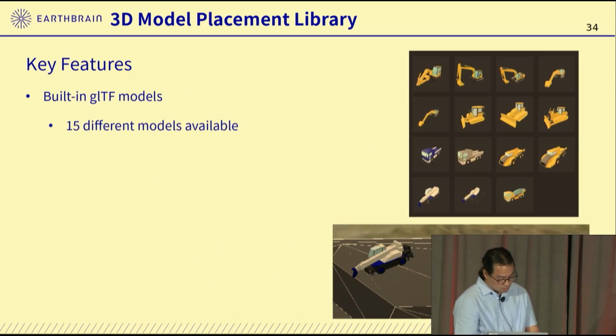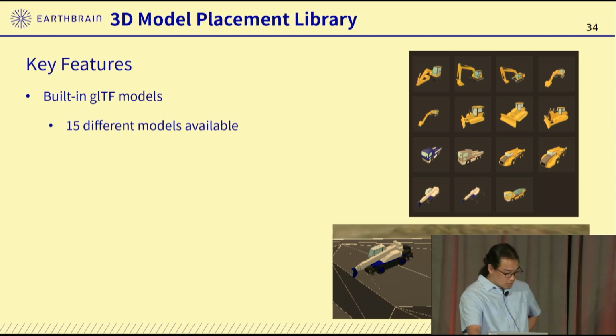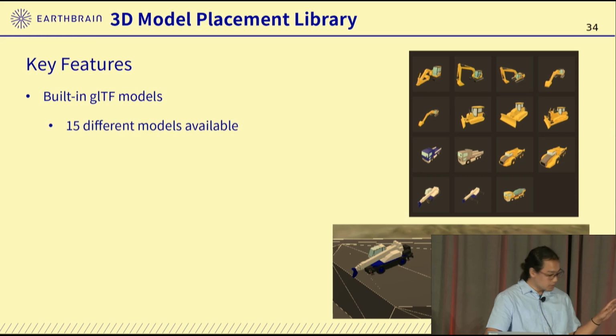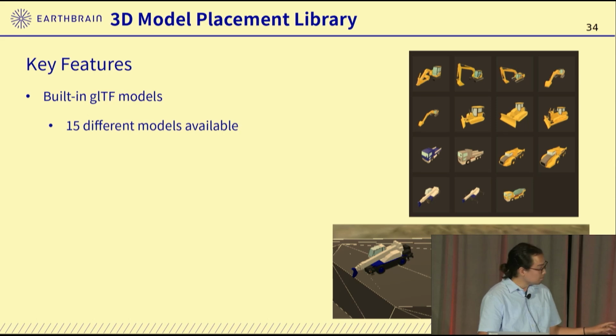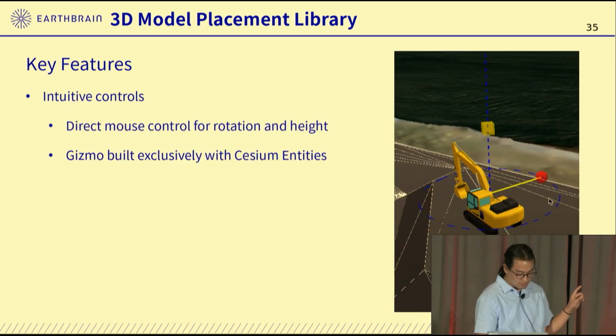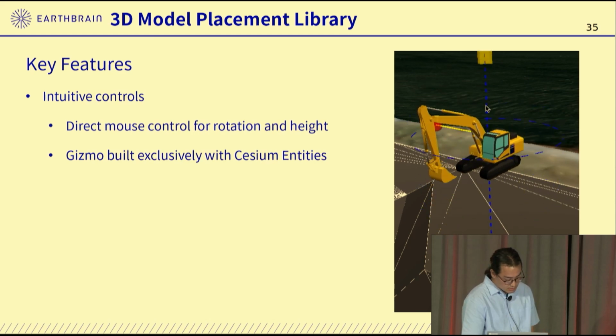Let's now look at the key features. First is the built-in glTF models. We include 15 construction machine models with realistic sizes, so they can be placed correctly in the scene, as we can see in the bottom image. Next is intuitive machine control interaction.